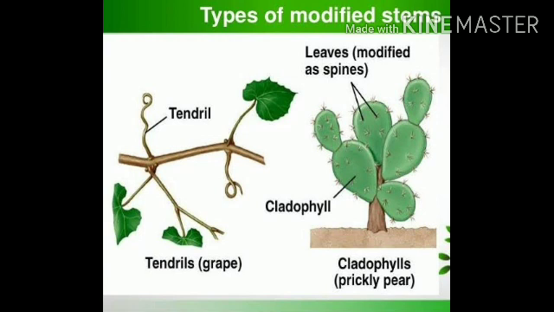So these are known as tendrils. They are the modified stem. In case of desert plants such as opuntia or cladophylls, the stem is green in color, it is flat, fleshy, and it helps in the storage of water and also helps in the photosynthesis.